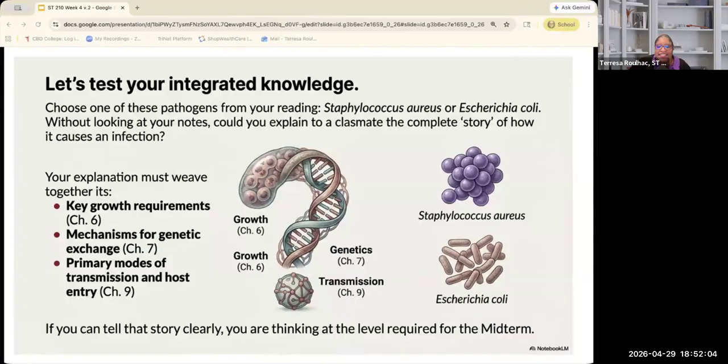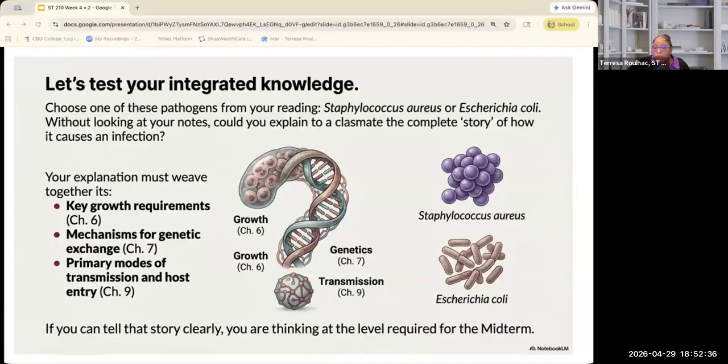As CSTs, we don't encounter microbes as isolated facts, but we do encounter them as a process. Our job is to interrupt those processes. If you can tell the infection story clearly, whether you choose Staphylococcus aureus or Escherichia coli, you're already thinking like a microbiology professional.